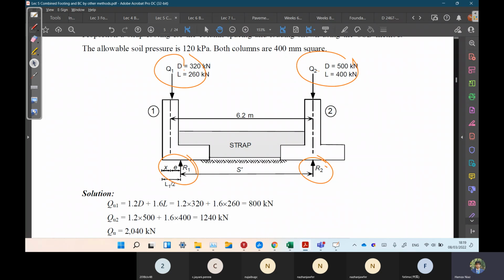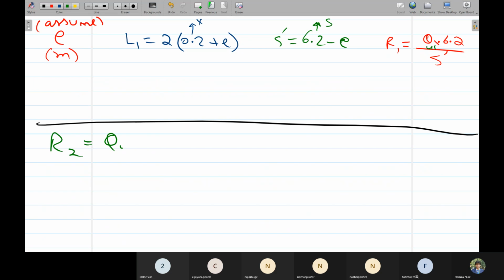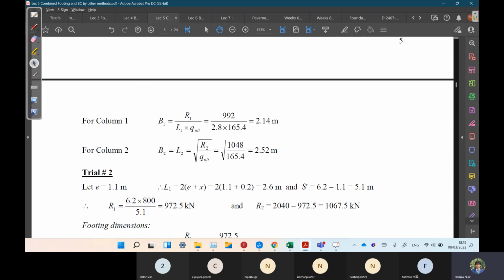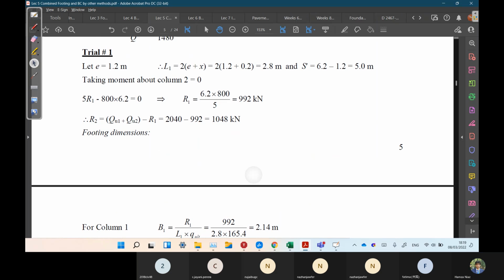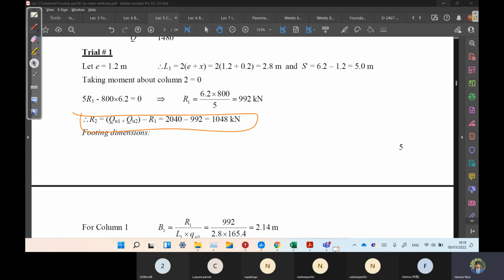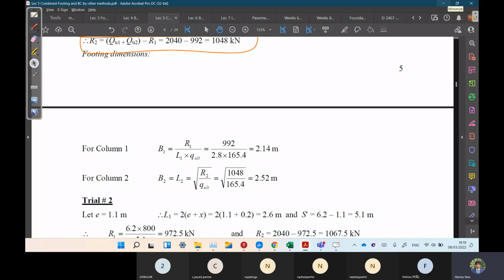Simply add this Q1 and Q2 and subtract R1 from it. Simply we can write Q ultimate minus R1. So we have calculated this R2. Why are we finding these? Because we are going to use them for finding the width of the footings.